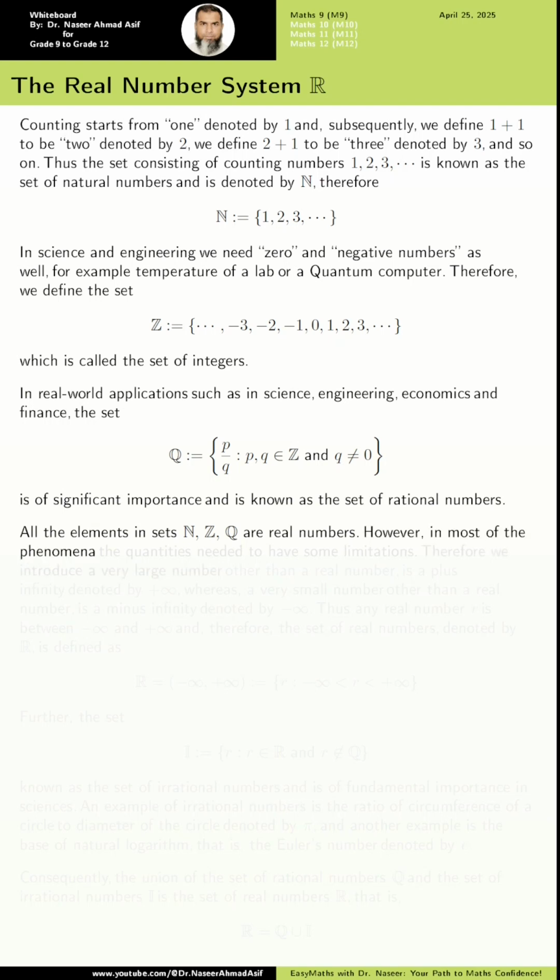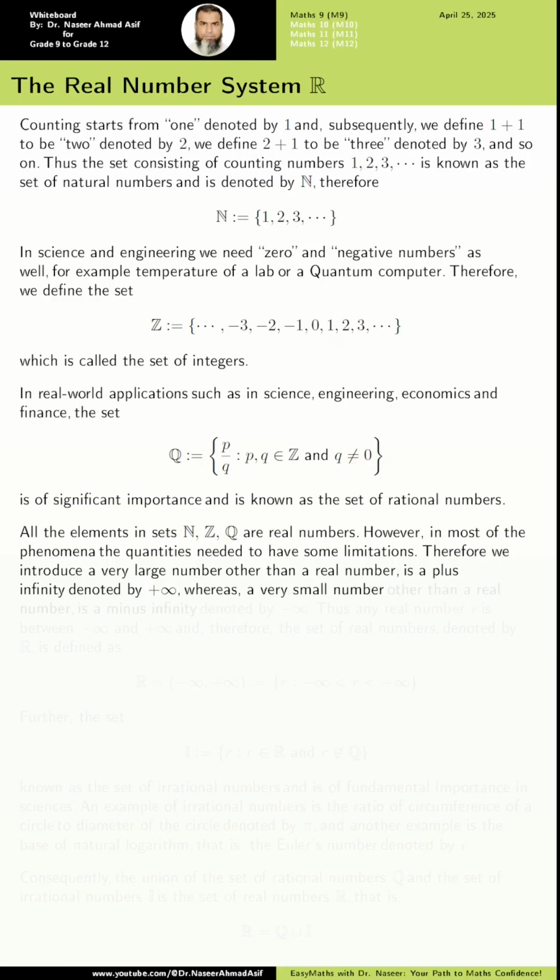However, in most phenomena, the quantity is needed to have some limitations. Therefore, we introduce a very large number other than a real number, a plus infinity, denoted by plus infinity, whereas a very small number other than a real number is a minus infinity, denoted by minus infinity.